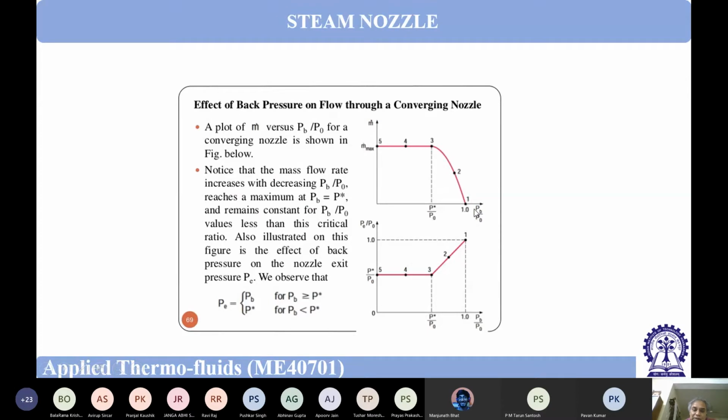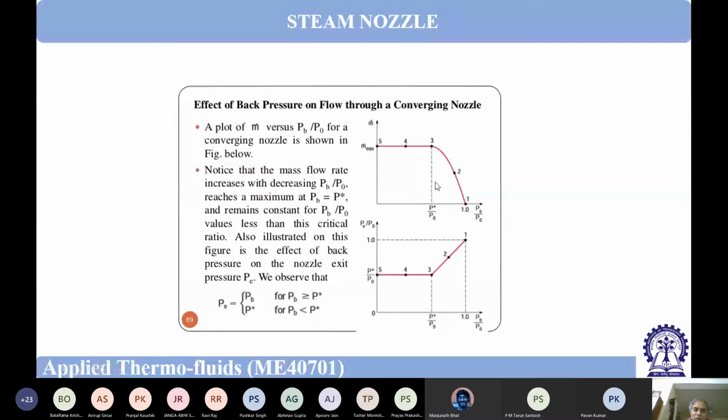And then I am reducing the back pressure. So if I go on reducing the back pressure, my mass flow rate will go on increasing. At one point, in a convergent nozzle, when I have got the sonic pressure at the end of the nozzle, that is the pressure ratio, P star by P0, that is, PB by P0 equal to P star by P0, then we will have the mass flow rate to be the maximum.